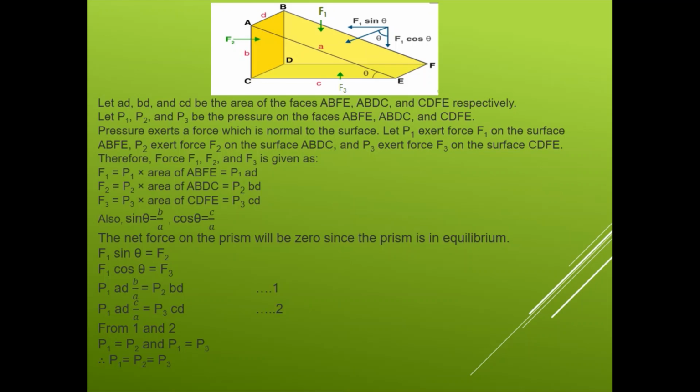So in equation 1, a on the left hand side will cancel out with a and BD will be cancelled out on both sides. Similarly in equation 2, on the left hand side a will be cancelled with a and CD will be cancelled on both sides. So you are left with P1 is equal to P2 and P1 is equal to P3. So from these two equations we can say that P1 is equal to P2 is equal to P3. Hence Pascal's law is proved.